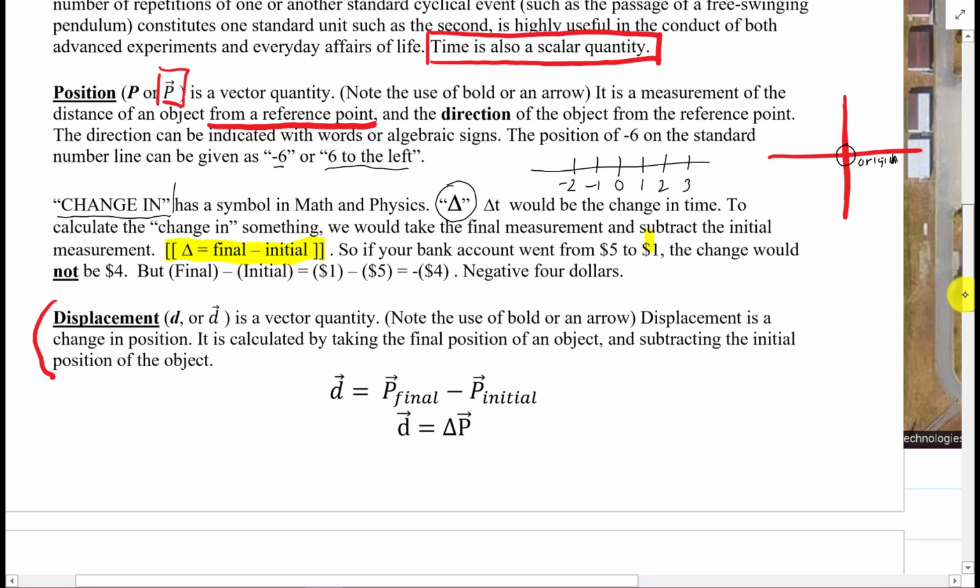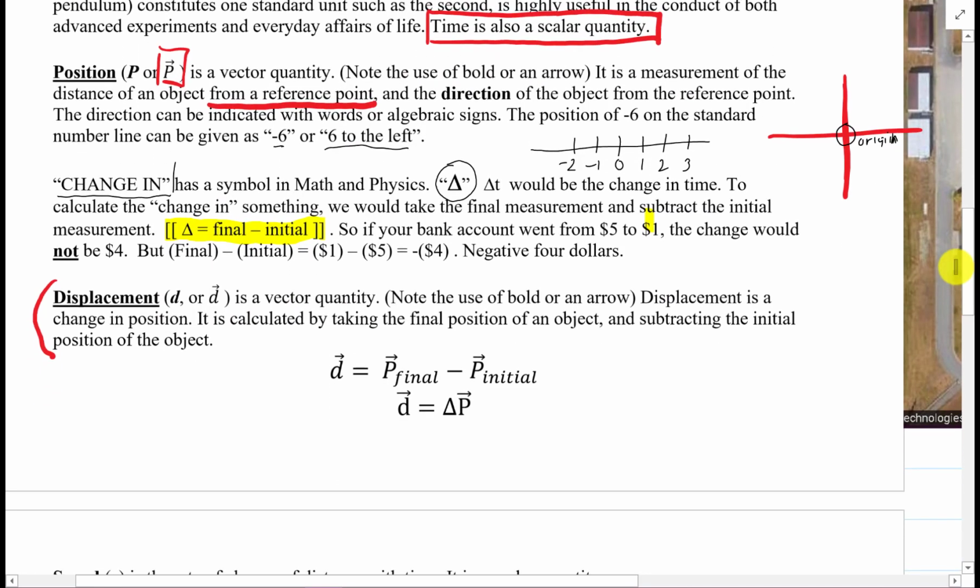Okay, then let's talk about displacement now. Displacement is a vector. Displacement is the change in position, and it's calculated by taking the final position of an object and subtracting the initial position of the object. So displacement is final minus initial.